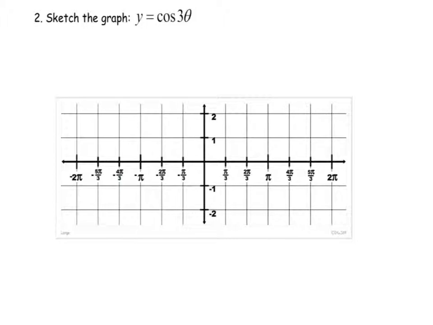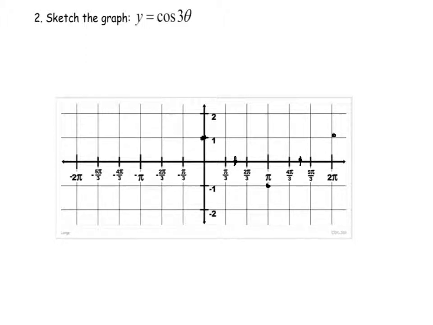So the first thing I will do is graph my regular normal cosine graph, which will start at 1, and at pi over 2, which is right here, I will have 0. Then at pi, I have negative 1. Then again I have 0, and then I will have 1.